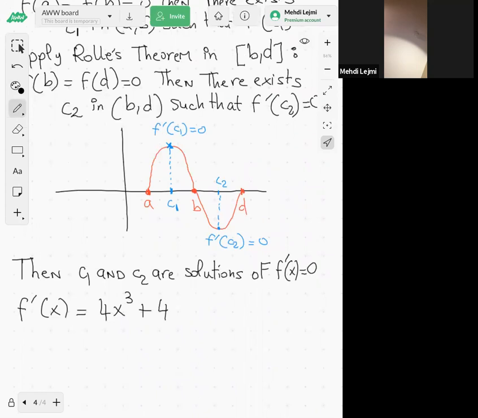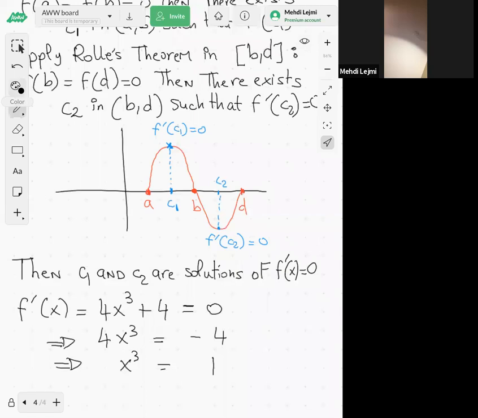If you solve f prime of x equal to 0, that's 4x cubed plus 4 equal to 0, so 4x cubed is negative 4. You divide by 4, so x cubed equals negative 1.